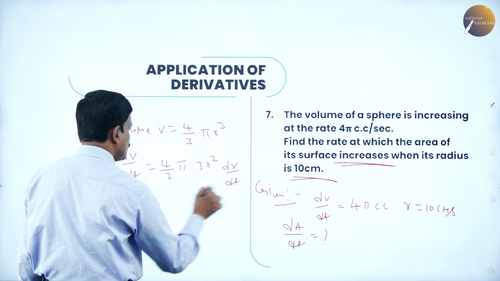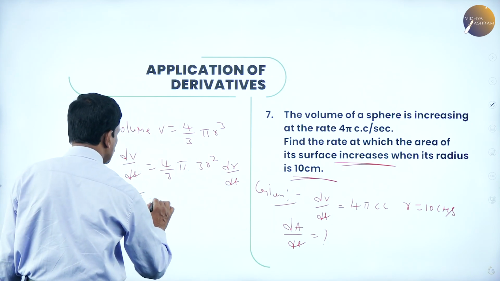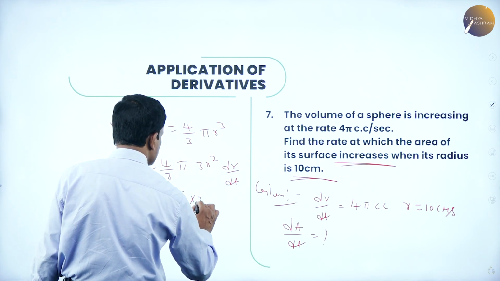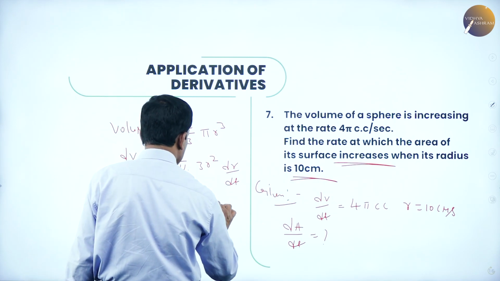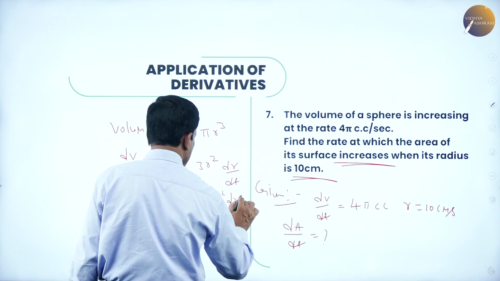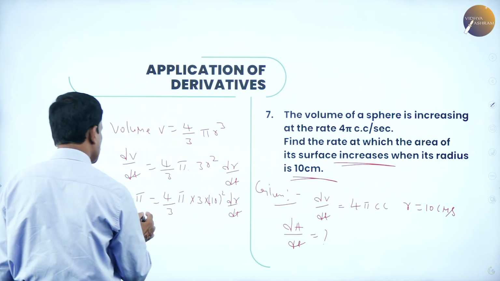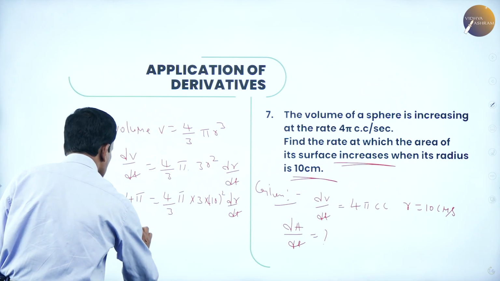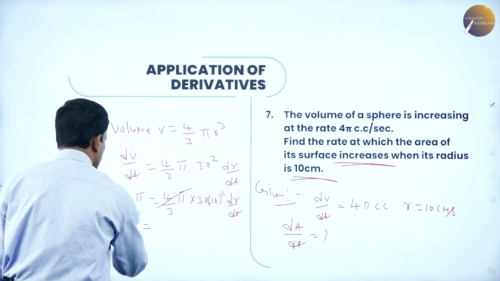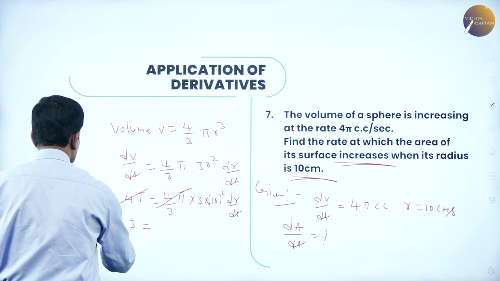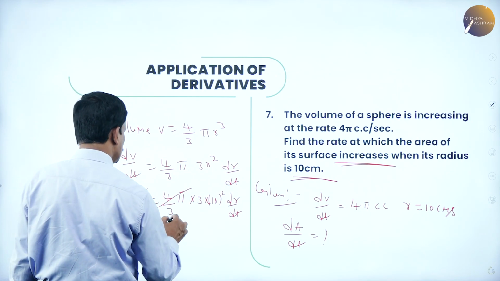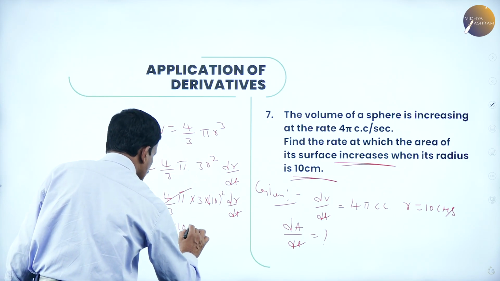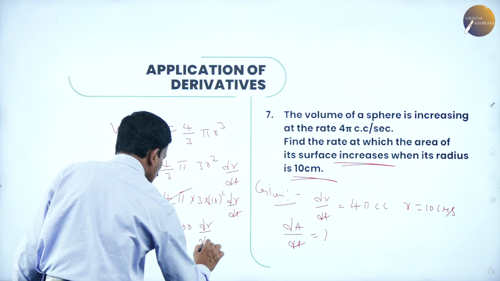Since dv by dt is given, 4 pi is equal to 4 by 3 pi into 3 times r, where r is equal to 10, square, into dr by dt. Cross multiply it. Here 4 pi gets cancelled, divide by 4 pi. 3 is equal to 3 into 10 square, which is 100, into dr by dt.